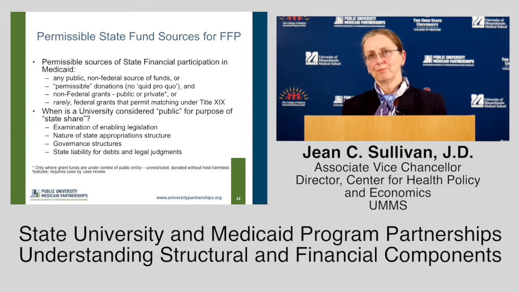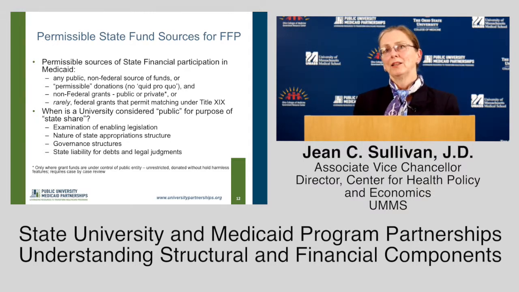In order for FFP to flow, federal law requires that the source of funds also be public and non-federal. That is the essence of what is meant by shared funding. The federal government is interested in seeing that some public entity has contributed non-federal and public funds to the expenses of operating the Medicaid program.